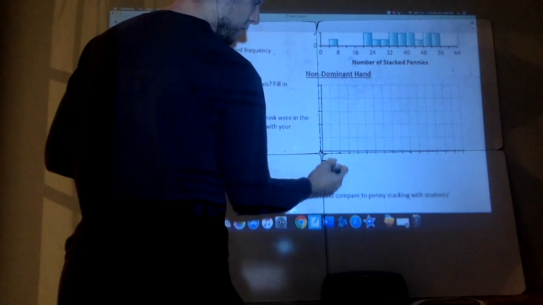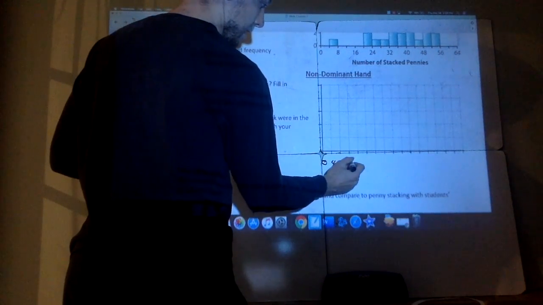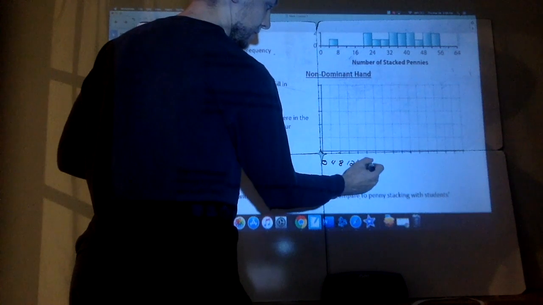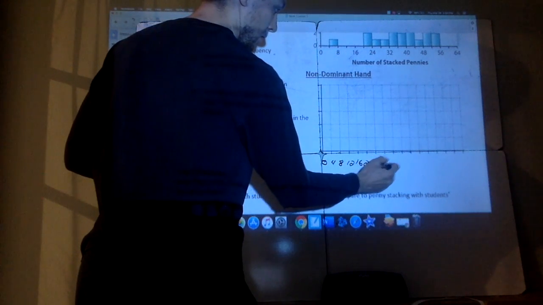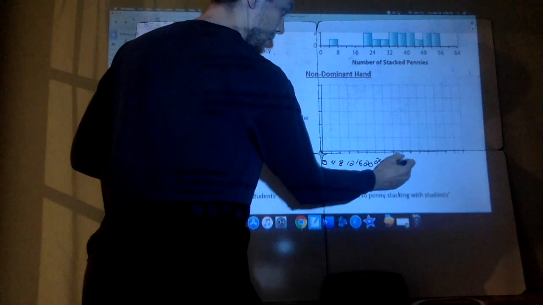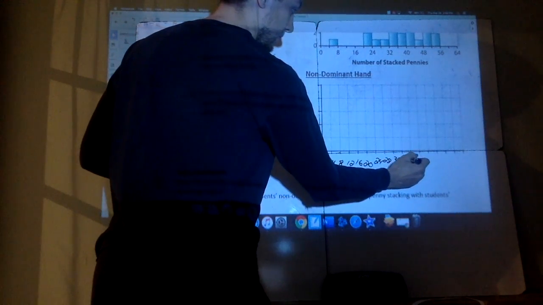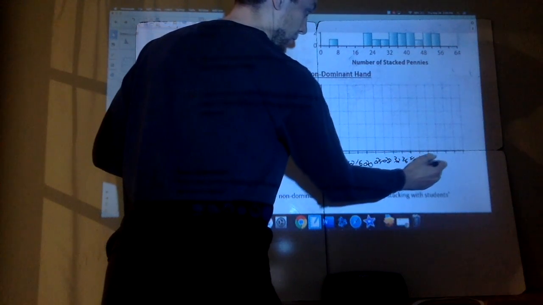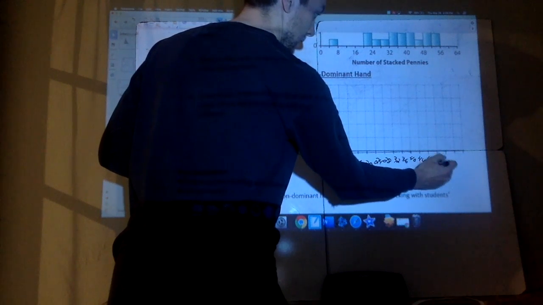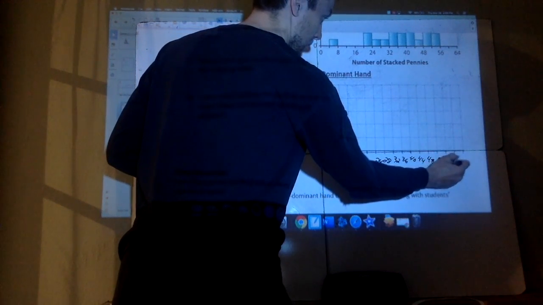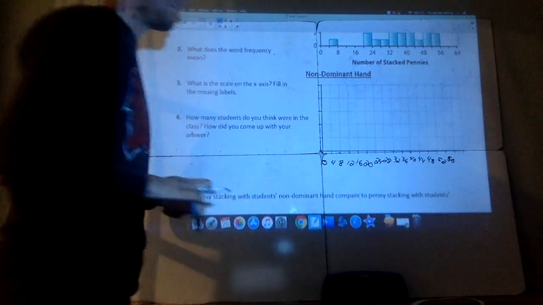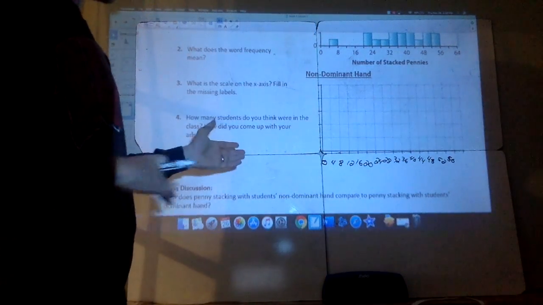So we're going to have 0, 4, 8, 12, 16, 20, 24, 28, 32, 36, 40, 44, 48, 52, 56. So that's all of our x-axis.